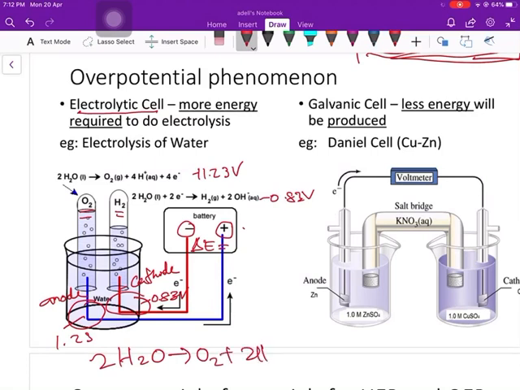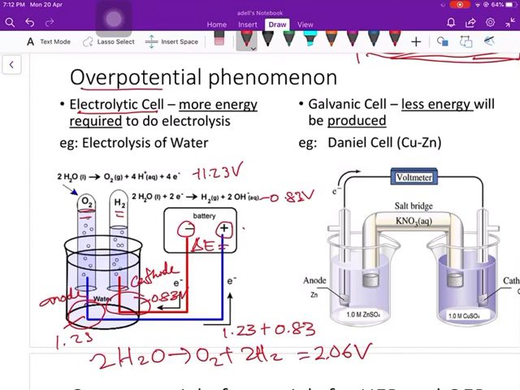Supposedly, the value is 1.23 volt at the anode plus 0.83. So the requirement for total voltage is 2.06 volt at least, which must be supplied in order to start the electrolysis of water.